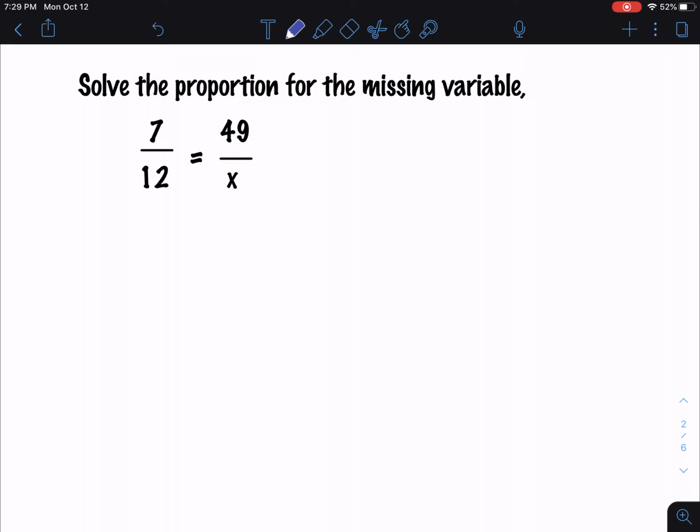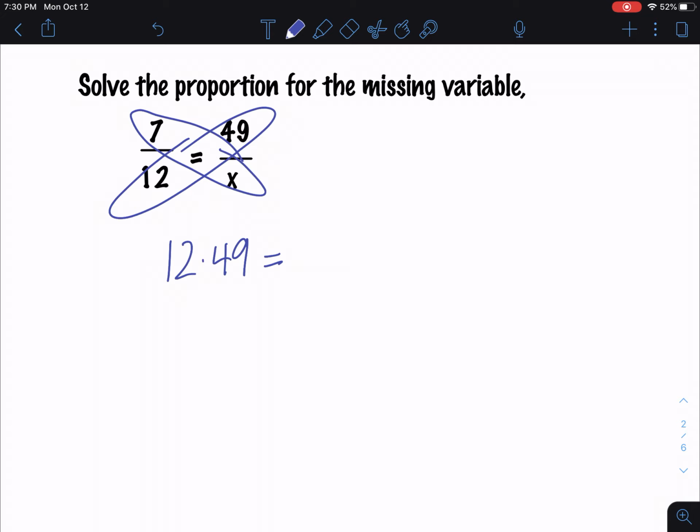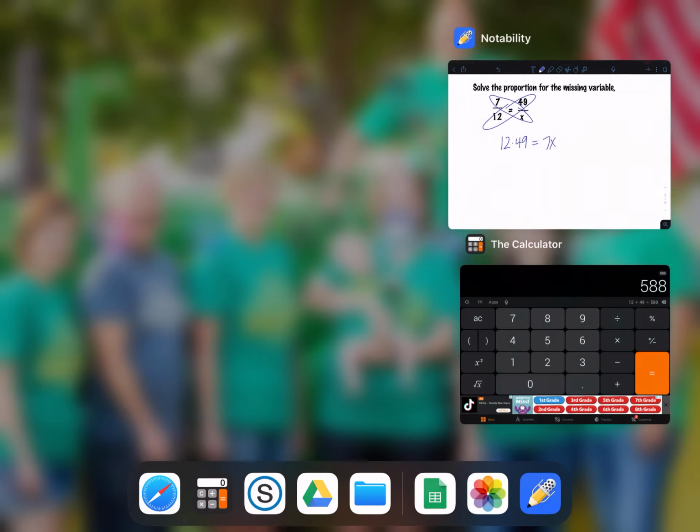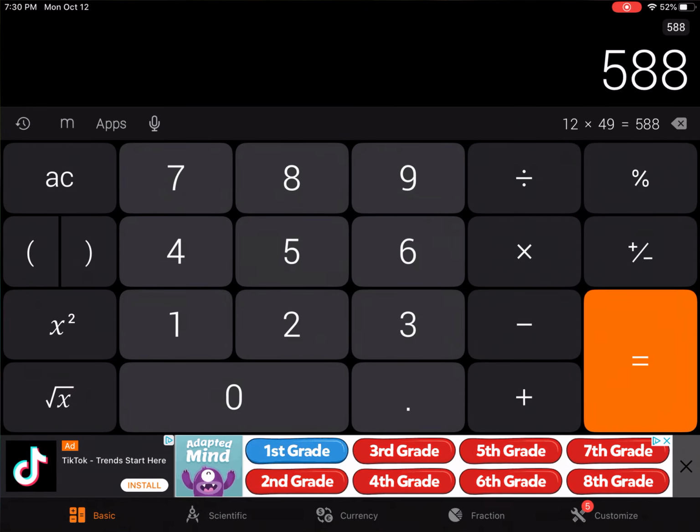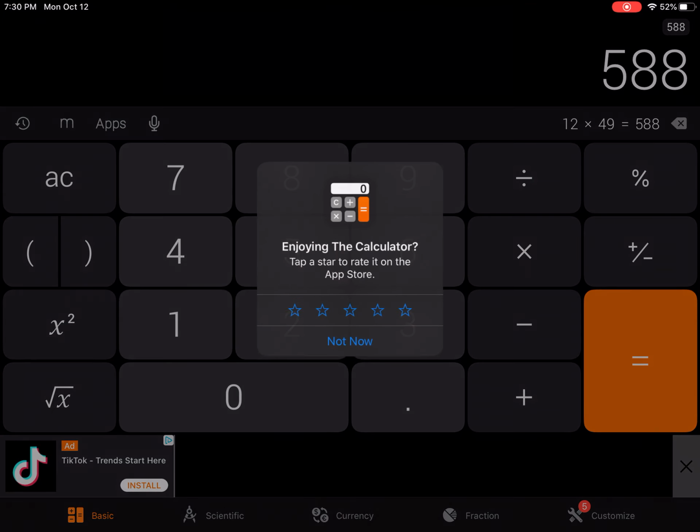One diagonal would be the product of 12 and 49. I could also write that as 49 times 12. I'm then going to set that equal to the other cross product, which is 7 times x. My first step is to multiply 12 times 49, which I get a product of 588.